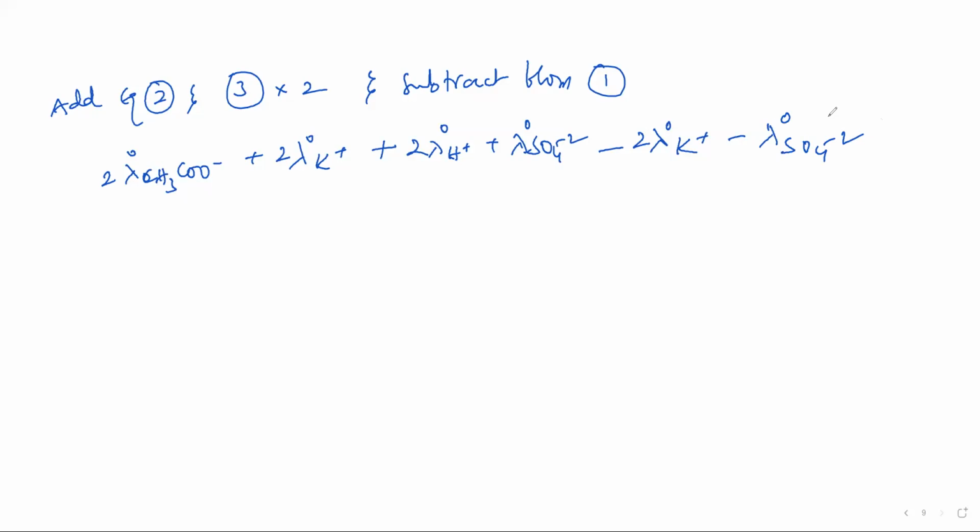Now what will cancel here? Lambda naught SO4 minus 2 cancels, and minus 2 lambda naught K plus cancels. So finally what is remaining? 2 lambda naught CH3COO minus plus 2 lambda naught H plus ions. Okay.